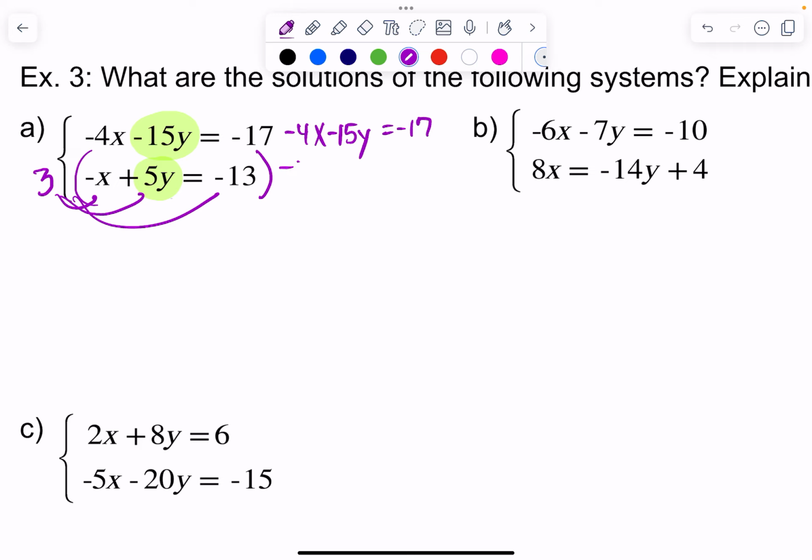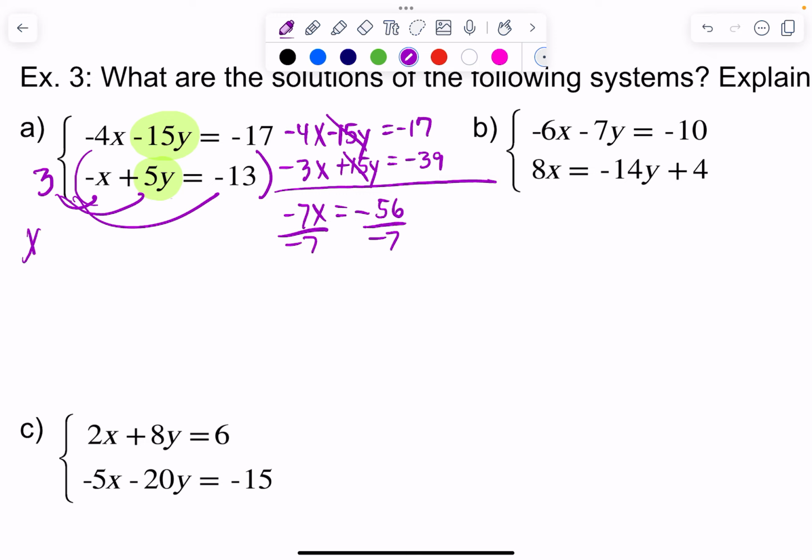And I've got negative 3x plus 15y equals negative 39. My y's cancel and I have negative 7x equals negative 56, divided by negative 7, x equals 8.